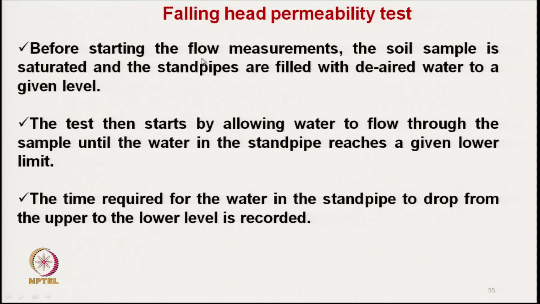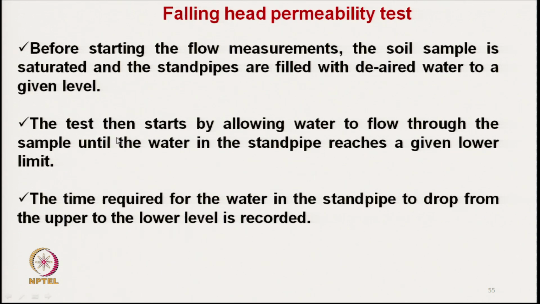Before starting the flow measurement, the soil sample is saturated and the standpipes are filled with de-aired water, because if it is not saturated or if it is filled with voids, that will actually affect the flow rate.